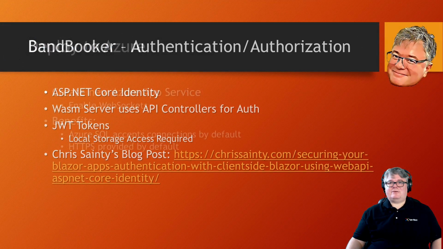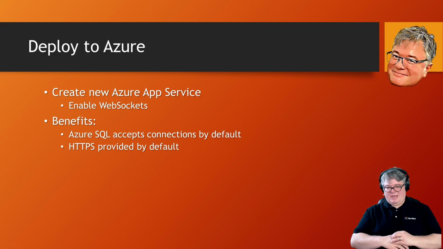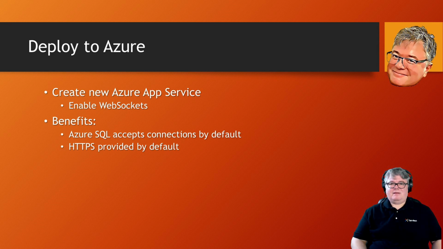All right, so if you're deploying to Azure, and if you're using Visual Studio to create a new app service in Azure, then that's fine. It's all going to work great. Visual Studio is going to ask you to turn on WebSockets, and you say yes.